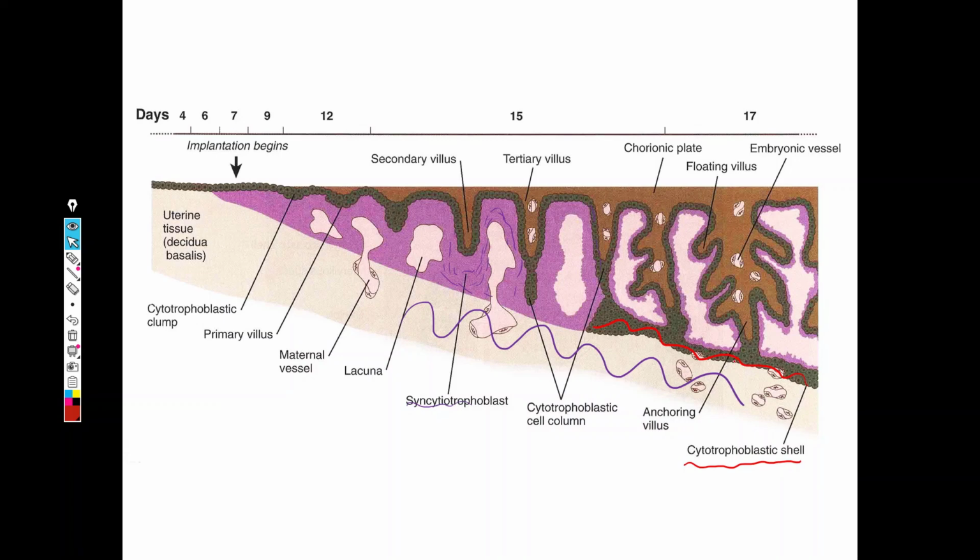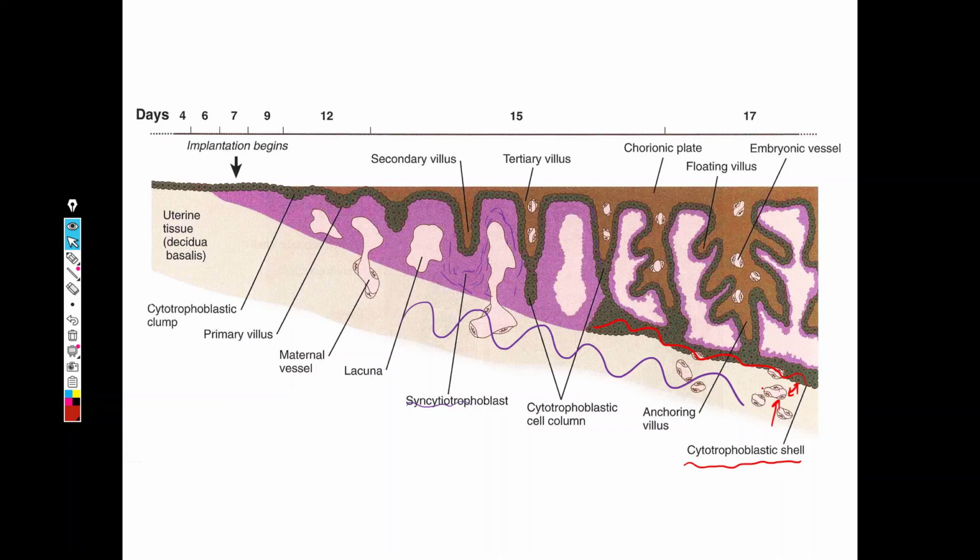And why I'm mentioning this is very important, because we have this shell at the point where it comes into contact with the mother's blood vessels. So here in the basal decidua, we have mother's vessels, and this cytotrophoblastic shell will come in contact with these mother's vessels, and the cytotrophoblast begins to penetrate and replace some endothelial cells.